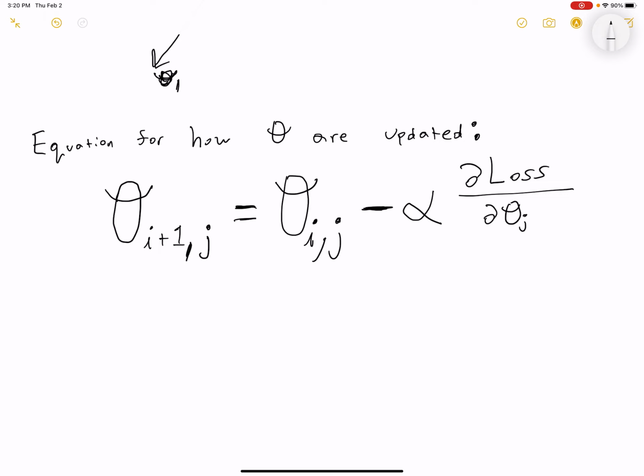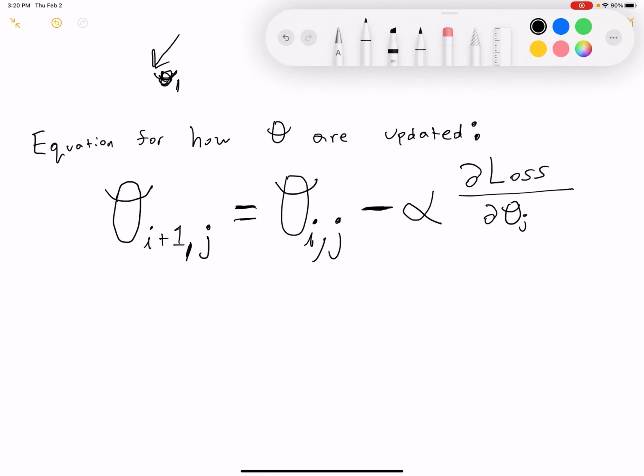That's the central equation of gradient descent, or you could think of it as the central equation of machine learning. I don't think people call it that, they just call it gradient descent, but that's what it is.